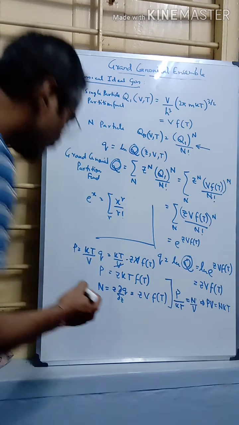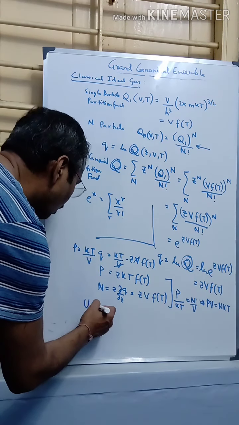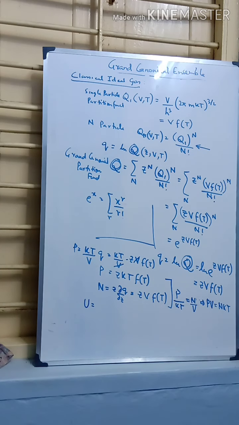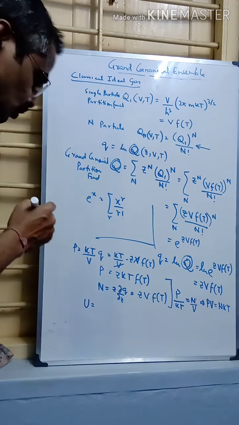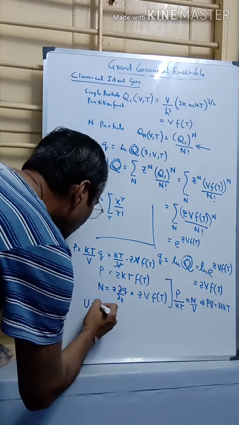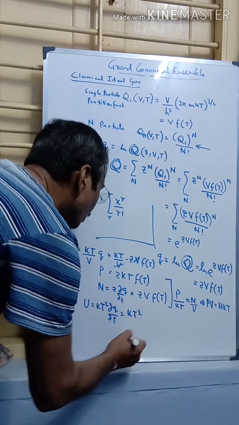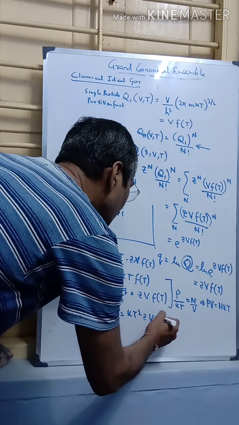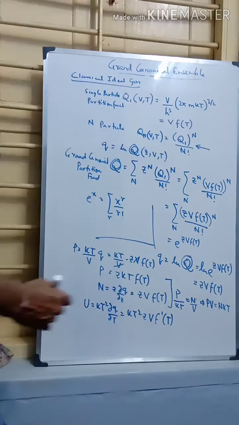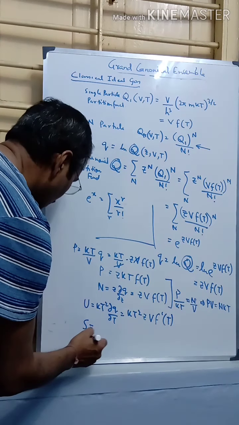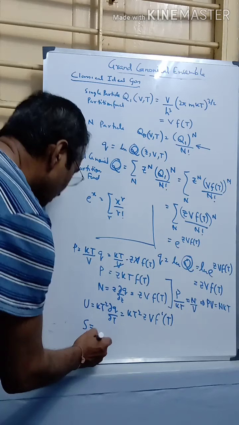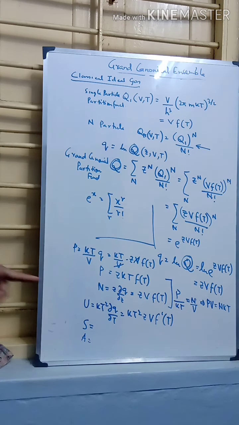We can equally go on deriving the value of the internal energy, which is basically equal to kT square del Q del T. So that gives us kT square Z V f prime T, and you can define the entropy and the Helmholtz free energy and so on for an ideal gas. That can be left as a homework. You can do it on your own.